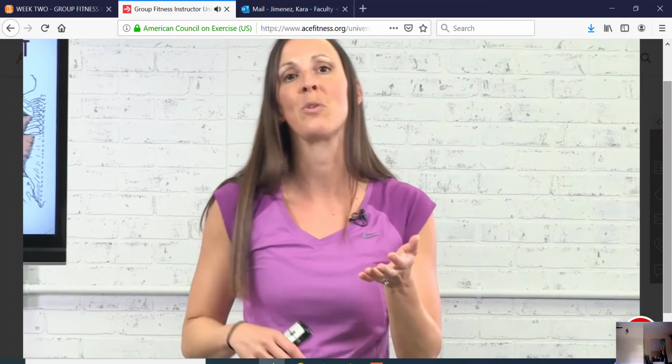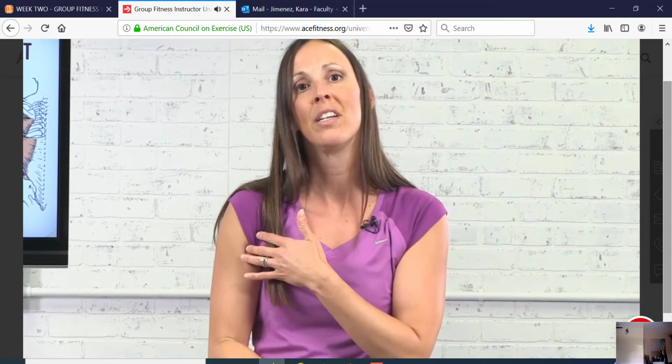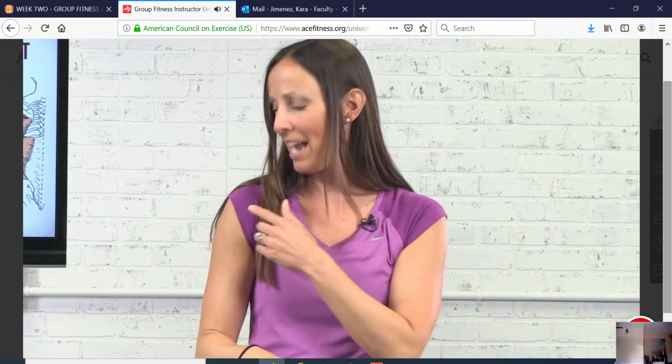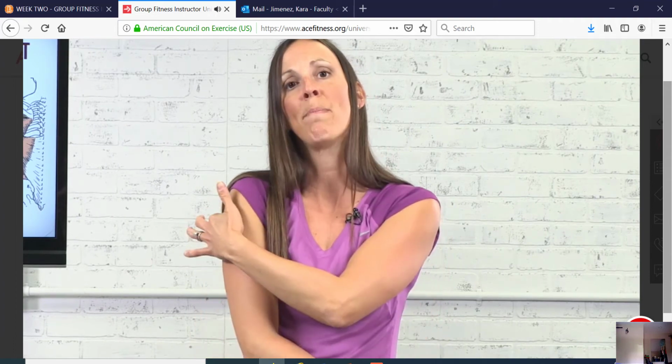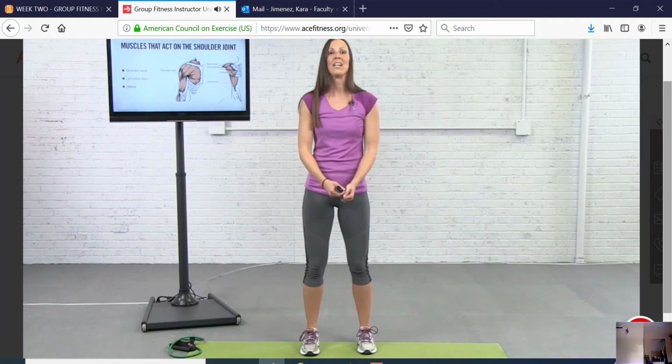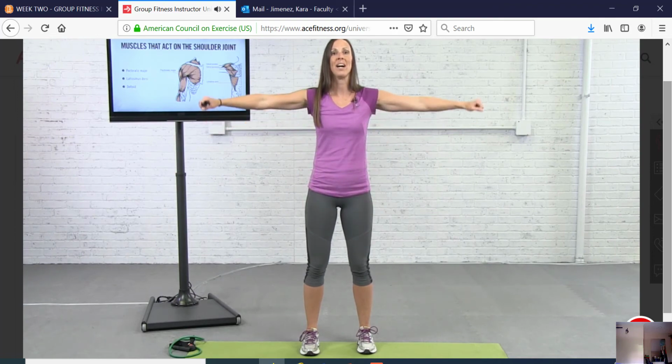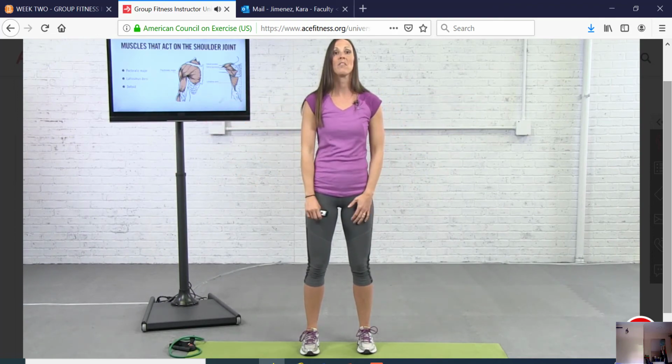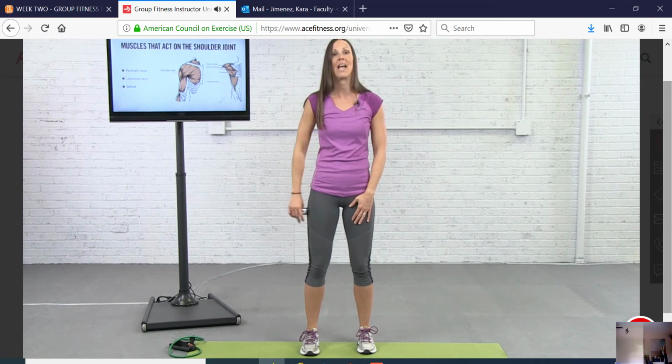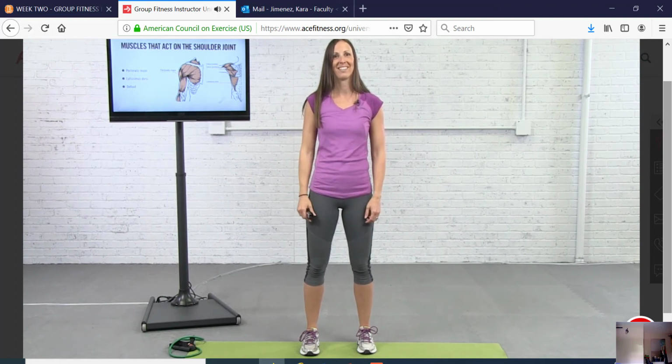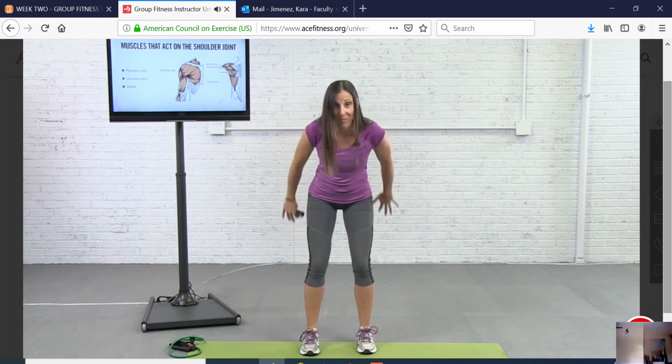And finally, we have the deltoid. The deltoid covers the shoulder. There are three parts of the deltoid: the anterior, the middle, and the posterior. The deltoid allows the arm to abduct to the side. We can also flex and extend the shoulder with the deltoid. So front raises and posterior raises.